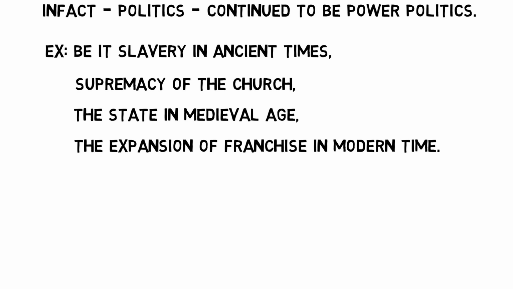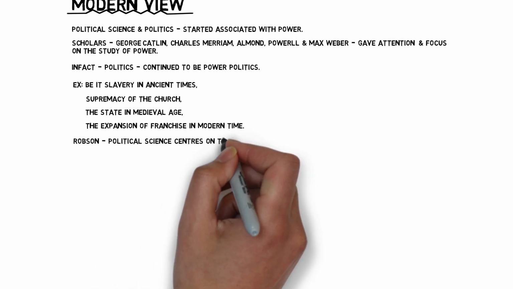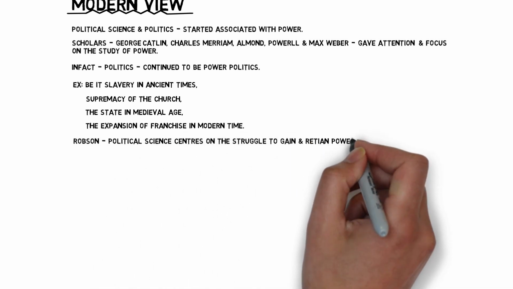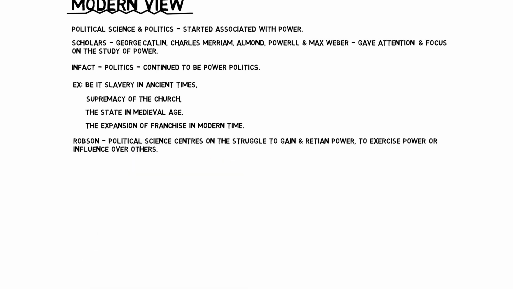So these all were manifestations of a struggle in which nations were promoted through power and influence. Now let us take some examples to understand the modern view of political science. According to Robson, political science centers on the struggle to gain and retain power, to exercise power or influence over others, or to resist that exercise.